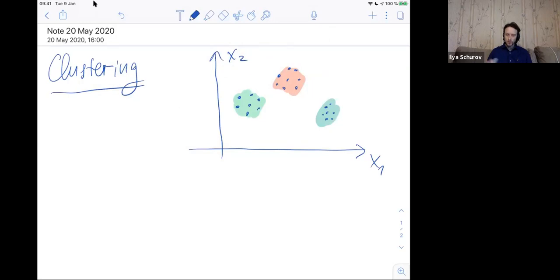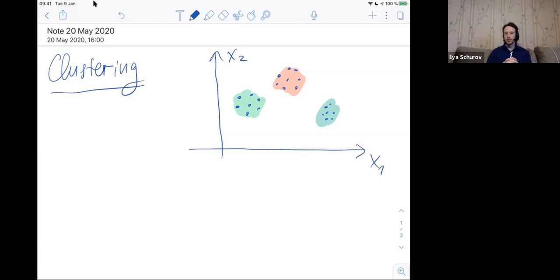But sometimes we need to do this grouping automatically. Because, for example, we assume that there are some clusters in our data, but we don't know in advance for each observation to which cluster it belongs.